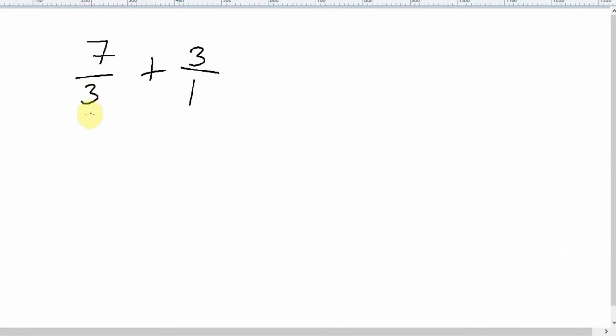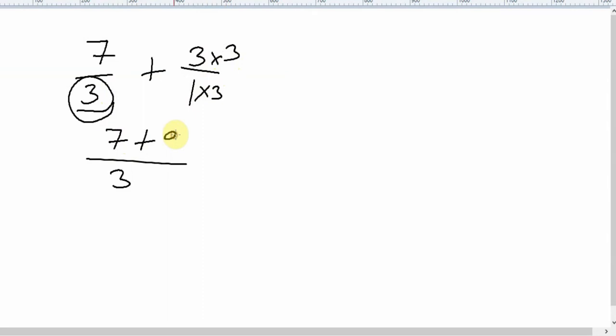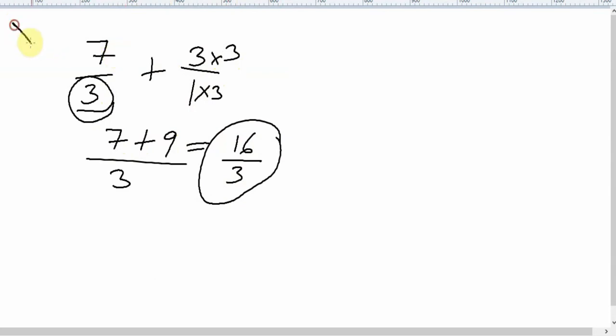And the same rule: 3 and 1, LCM is 3. So we need not do anything in this part. It is already 3. So we will make this 3 as well. Multiply this by 3. So this will become 7 and this will become 9. 16 upon 3. So this way we add such numbers.